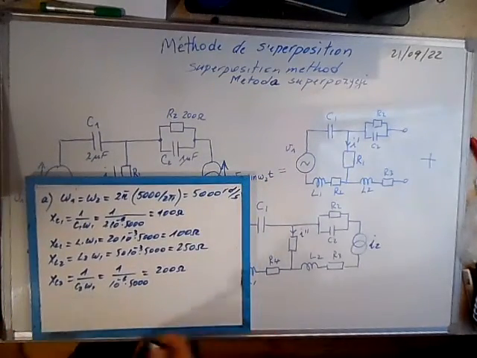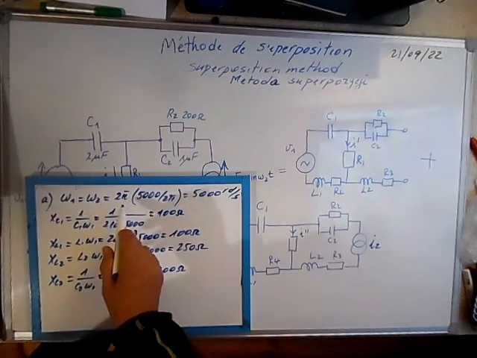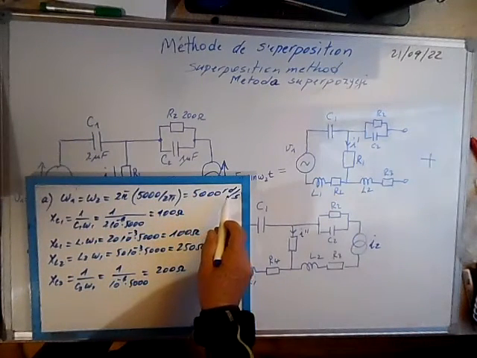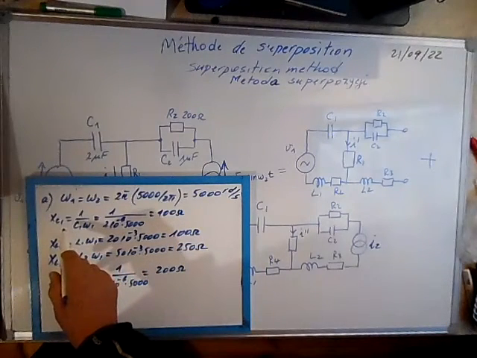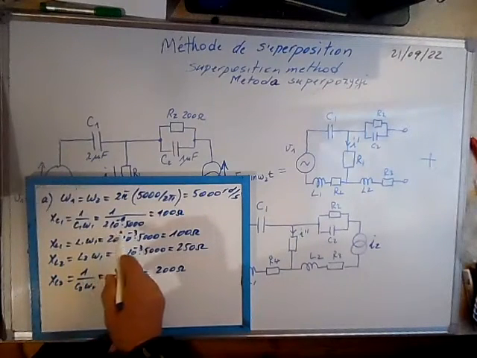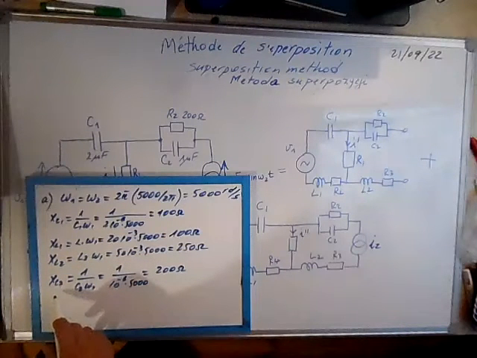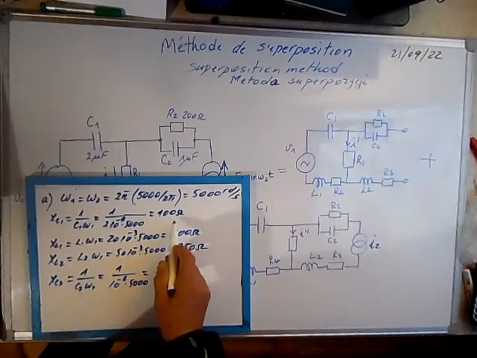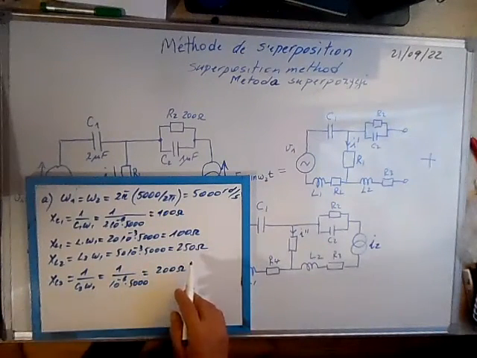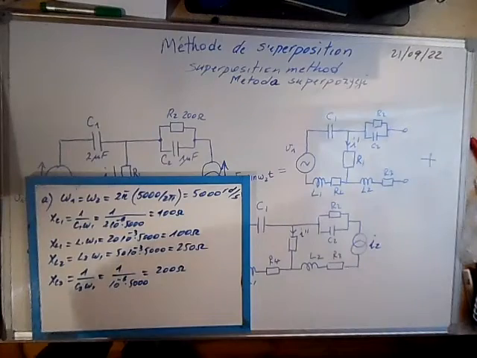So omega 1 is equal to omega 2, which is 2 pi times 5000 over 2 pi, so 5000 radian per second. So we can calculate XC1, XL1, XL2 and XC2. Here XC1 is equal to 100 ohms, XL1 is equal to 100 ohms, XL2 is 250, XC2 is 100 ohms. Now let's calculate the currents.